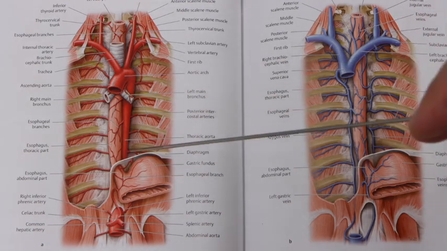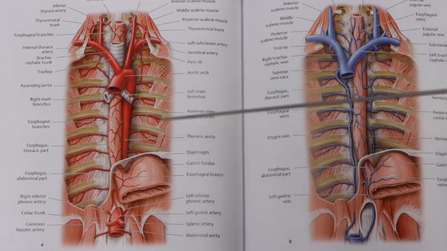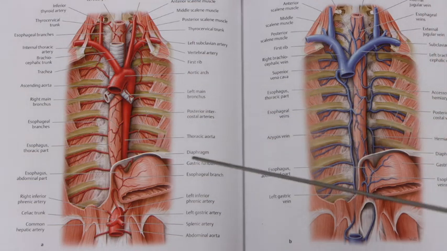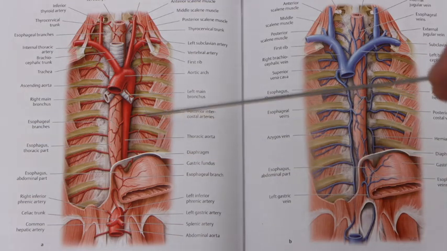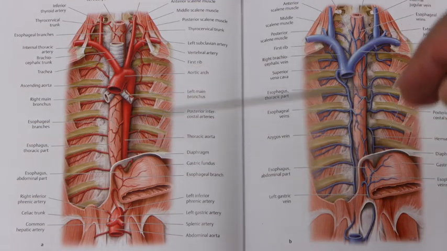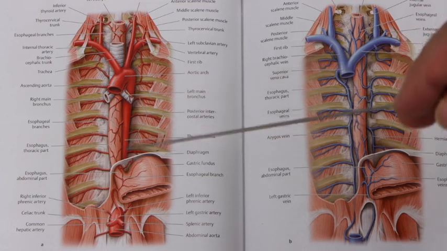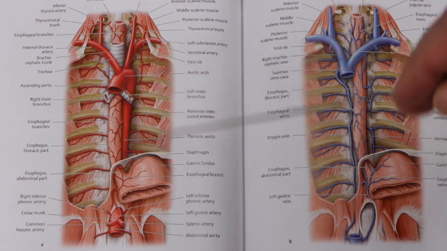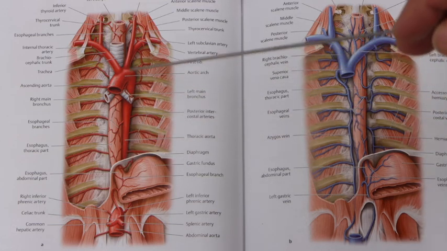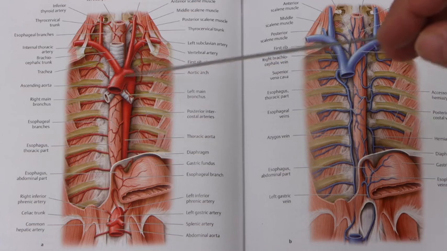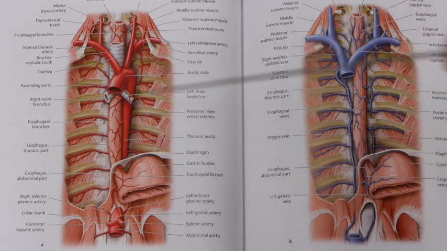During its pathway, as we mentioned before, it makes an impression on the mediastinal pleura, or mediastinal surface, of the left lung. So it makes an impression of the thoracic aorta, and above the hilus of the lung it makes an impression of the arch of aorta.